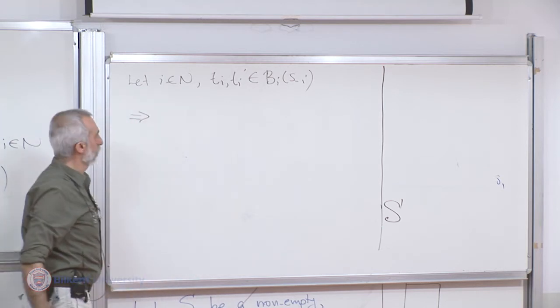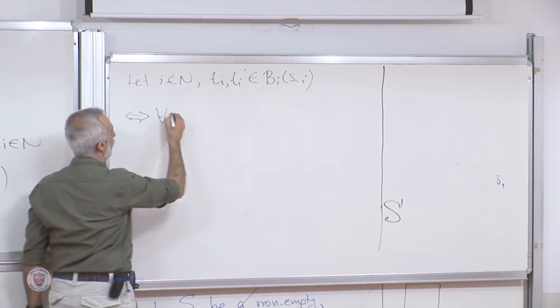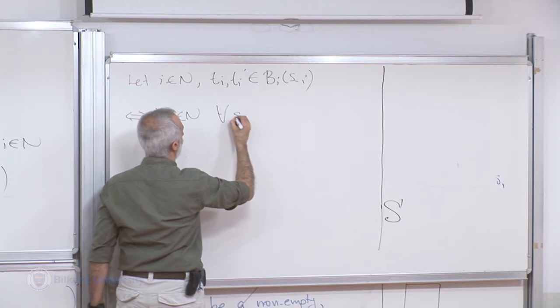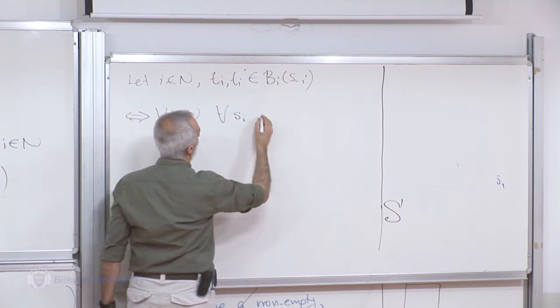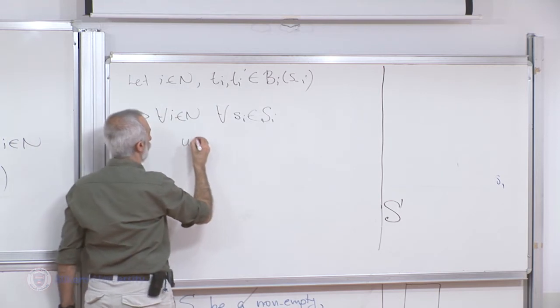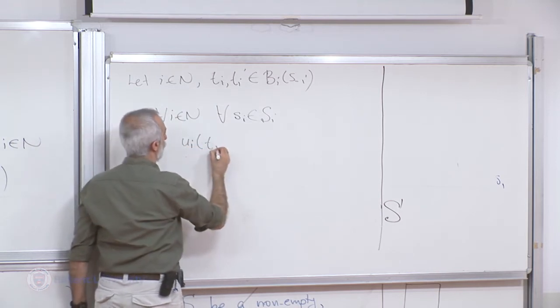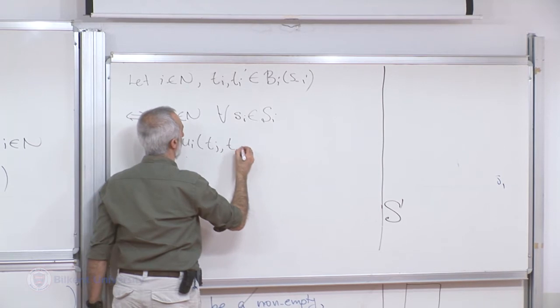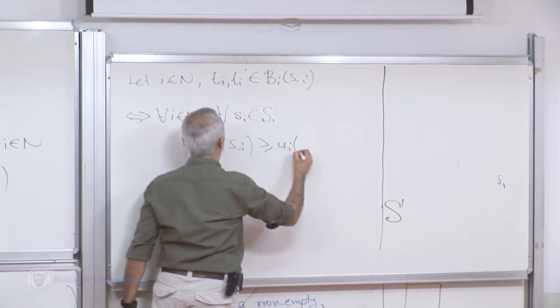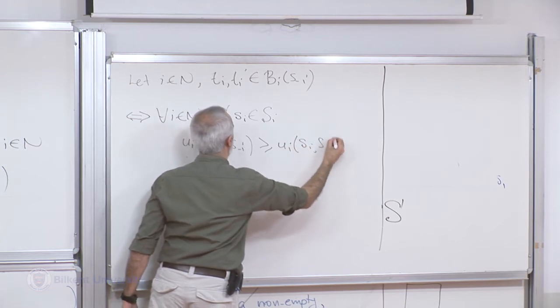It implies, for any Si in capital Si, Ui of Ti, S minus i is greater or equal to Ui of Si, S minus i.